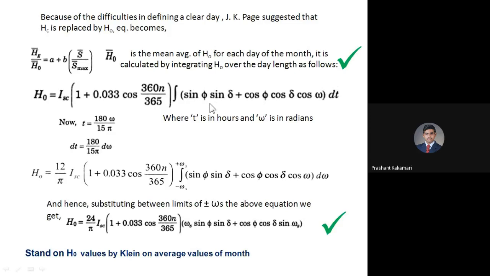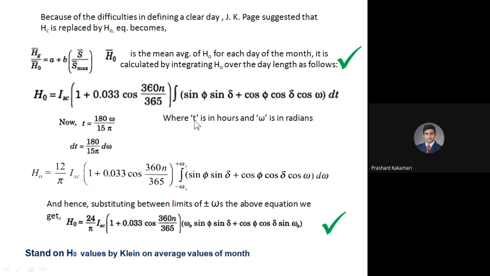As this page has suggested, integrate the given values per hour or per day and find out the mean value. Similarly, what they have done is this dt, the change in time, we are going to integrate. Either you can substitute the time value as 180 by 15 pi times omega, or you can take the omega value itself in terms of time.